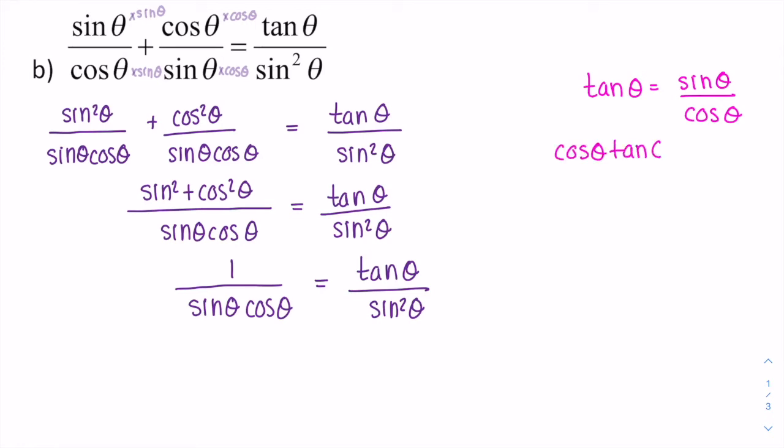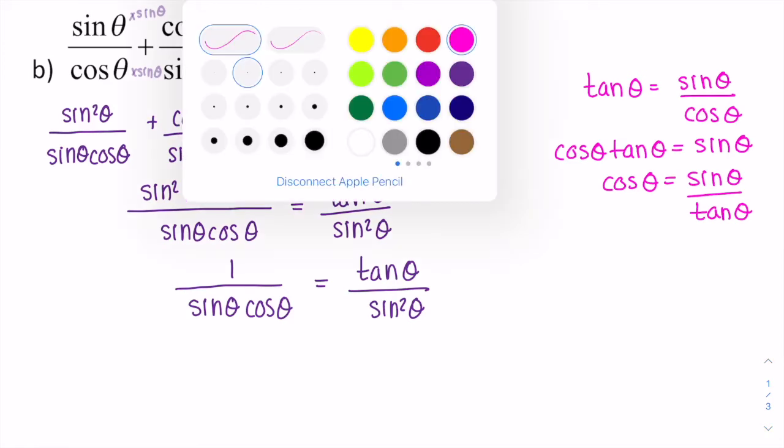It was being divided, so I just multiplied it to move it. And now if I try to isolate cosine, I can just divide both sides by tan. So now that gives me a way to get rid of a cosine on my left side of my trig identity and put a tan in.